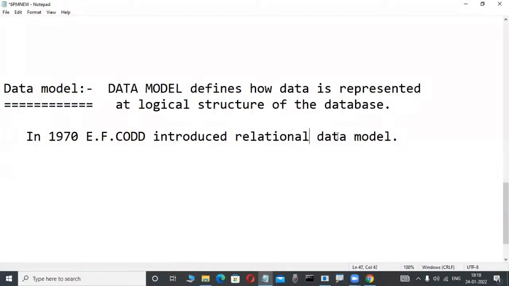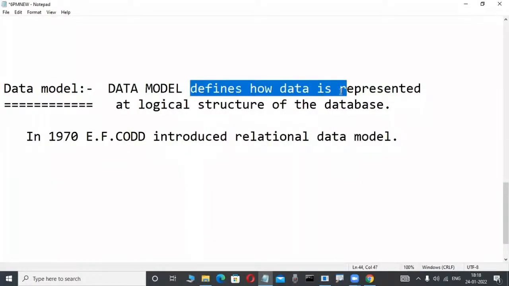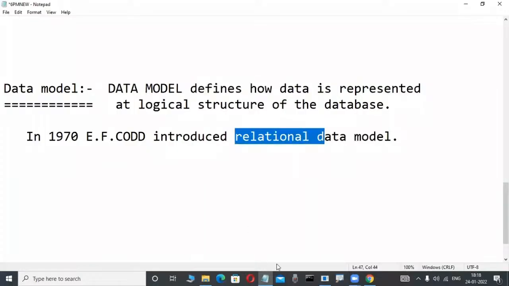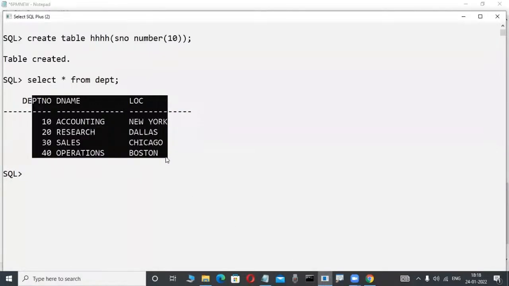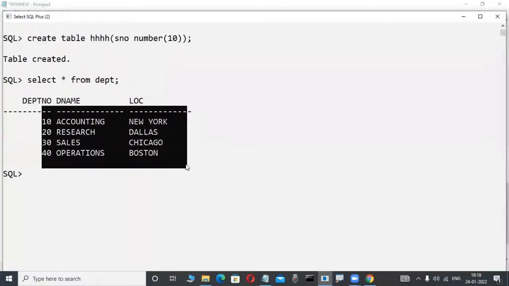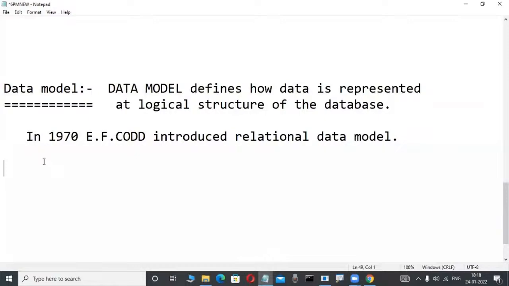Relational data model means what? What is the logic in a logical structure? How is data represented? Yes, relational data model means in a logical structure. This is a logical structure; this structure is not visible in the operating system. In this logical structure, data is represented in the format of rows and columns. That is nothing but two-dimensional tables.